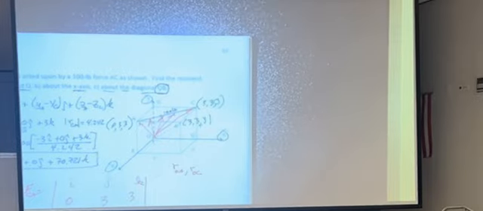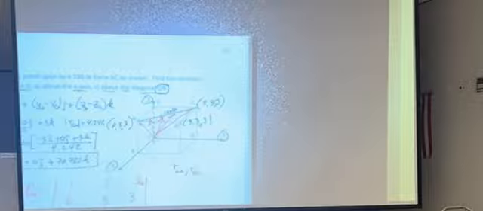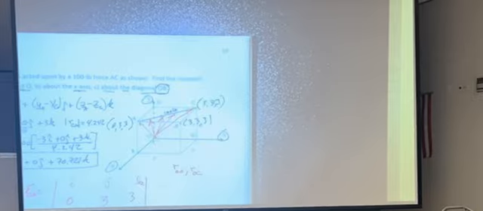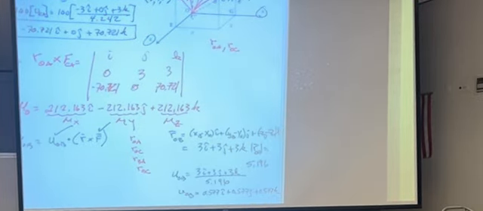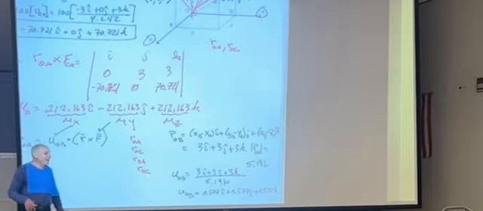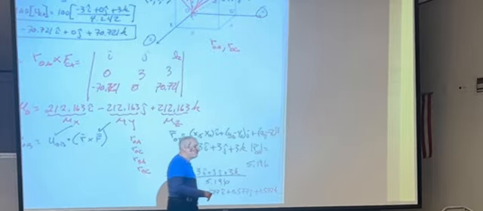Well, the possibilities are R_OA, R_OC, R_BA, R_BC. Those are all the possible ways I can get to R.